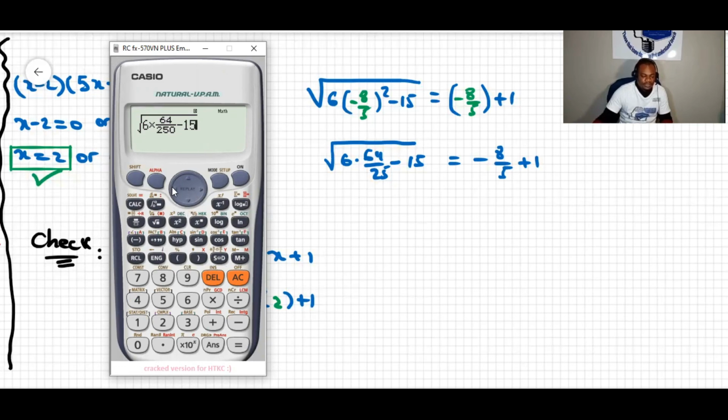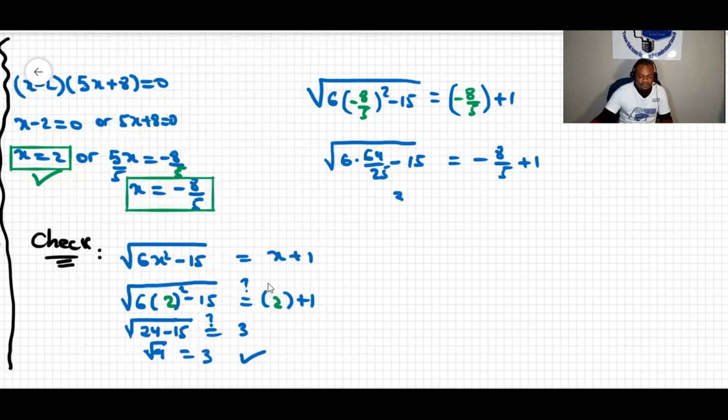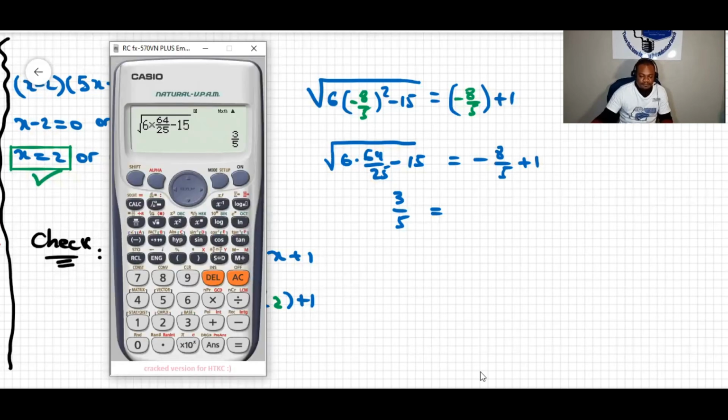Oh, okay, it was me. Over here, it wasn't 0, it was like this. When we press enter, we got 3 over 5. Now let's work out also -8 over 5 plus 1.